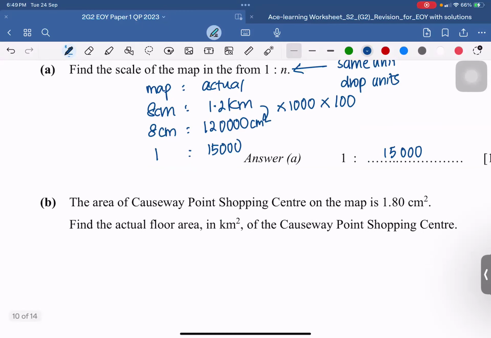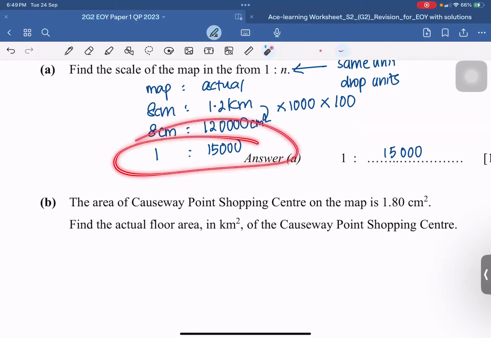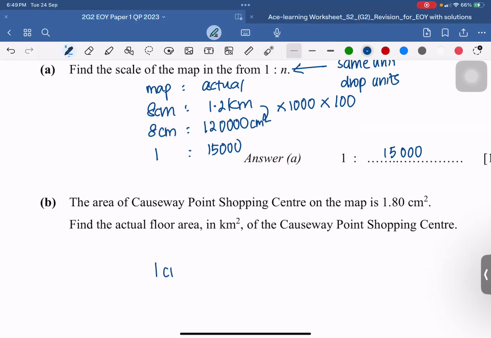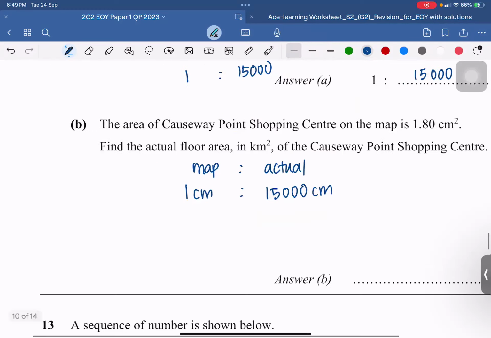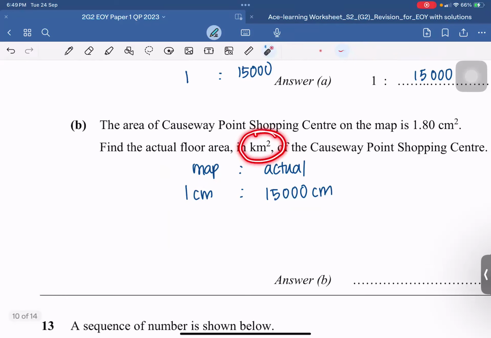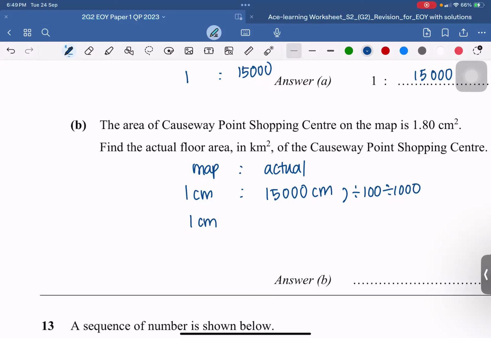I'm going to start off with this, but this is 1 cm on my map. I'm going to start off with the number 15,000. That is in cm. How do I make it to kilometer and then must square later? Divide by 100,000. So 1 cm is to 0.15 kilometer.